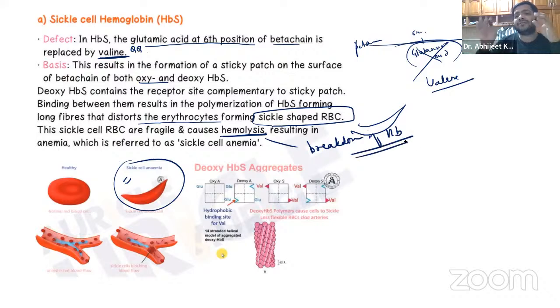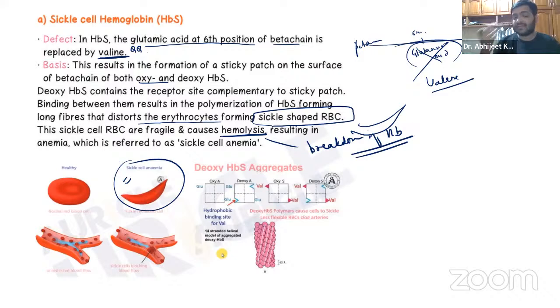If the structure of the RBCs is changed and converted into these sickle shapes, they are more fragile and will break easily. After the membrane of the RBCs breaks, the hemoglobin will automatically come out, and that is of no use. That is called hemolysis. Hemolysis means the breakdown of the hemoglobin.